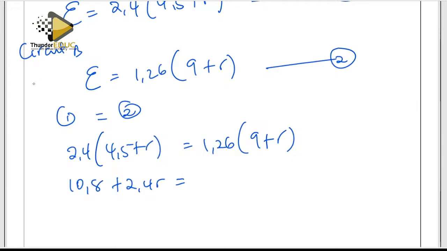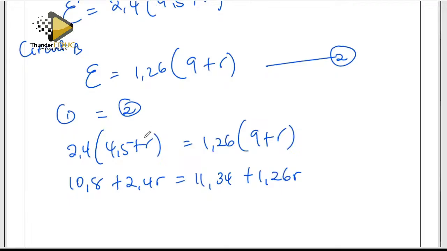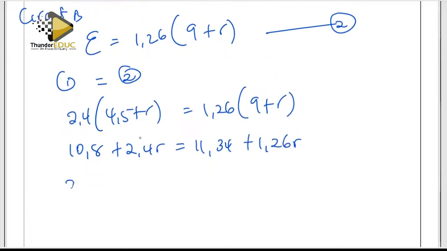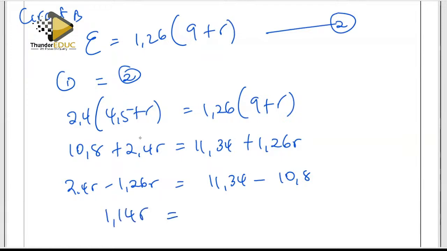Then 1.26 multiplied by 9 gives us 11.34 plus 1.26r. Let's collect the like terms. 2.4r minus 1.26r should give us 11.34 minus 10.8. 2.4 minus 1.26, I'm getting 1.14r.